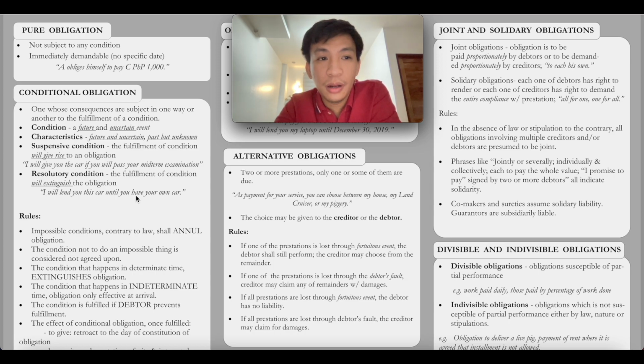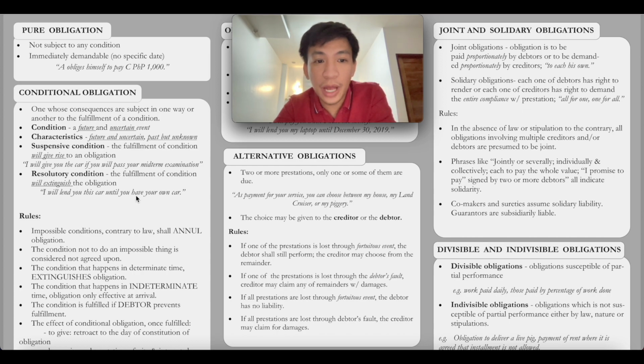So, here, yung obligation niya na ipahiram yung sasakyan is running na by the time na promise niya na ipapahiram niya yung sasakyan, pero matatapos yung obligasyon na yon kapag nag-arise na yung condition, which is kapag nagkaroon na siya ng sariling sasakyan.